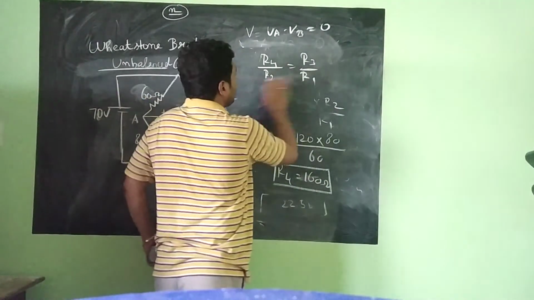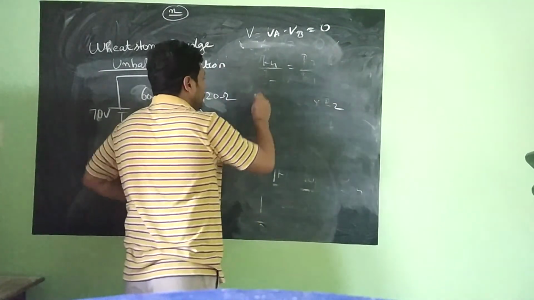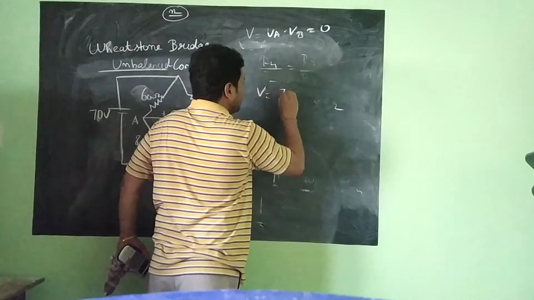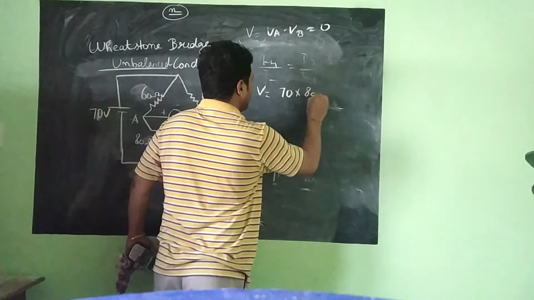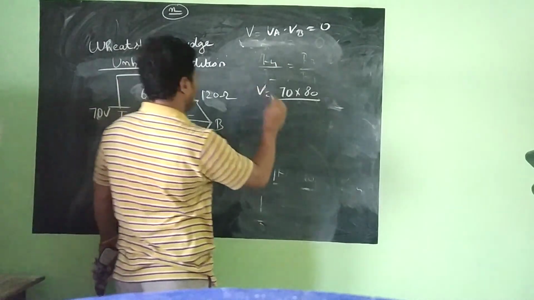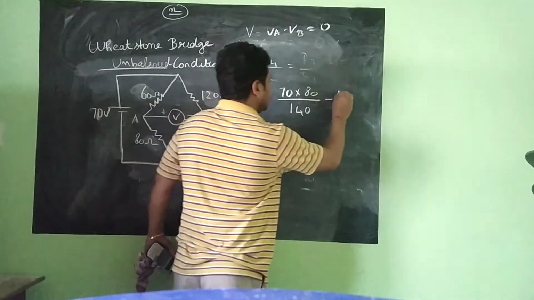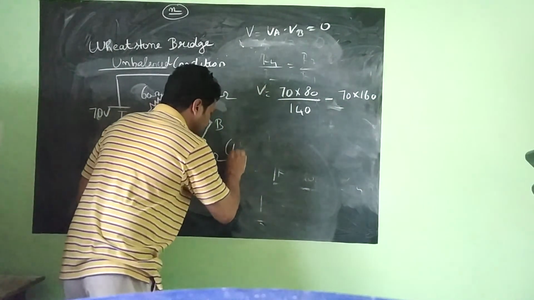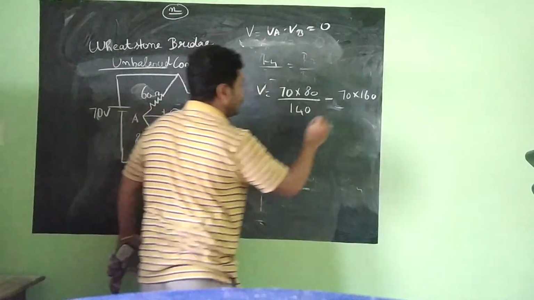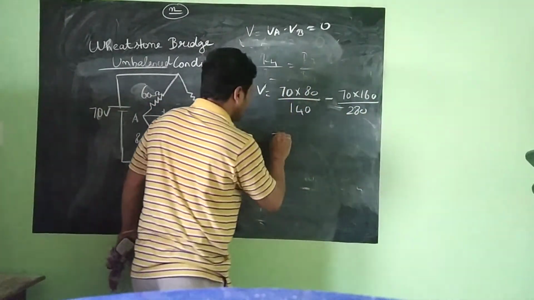Going back again to the equation, V equal to 70 into 80 by 140 minus 70 into 160, now the replaced resistor value is 160 ohm, divided by 160 plus 120 equal to 280.